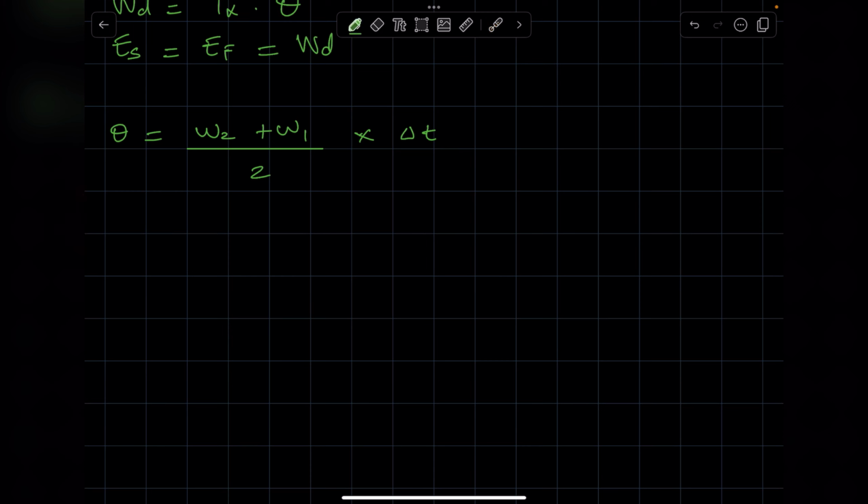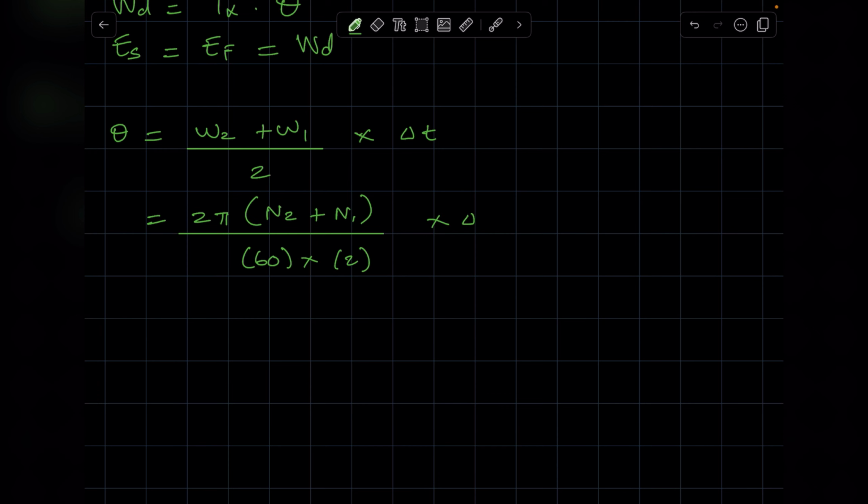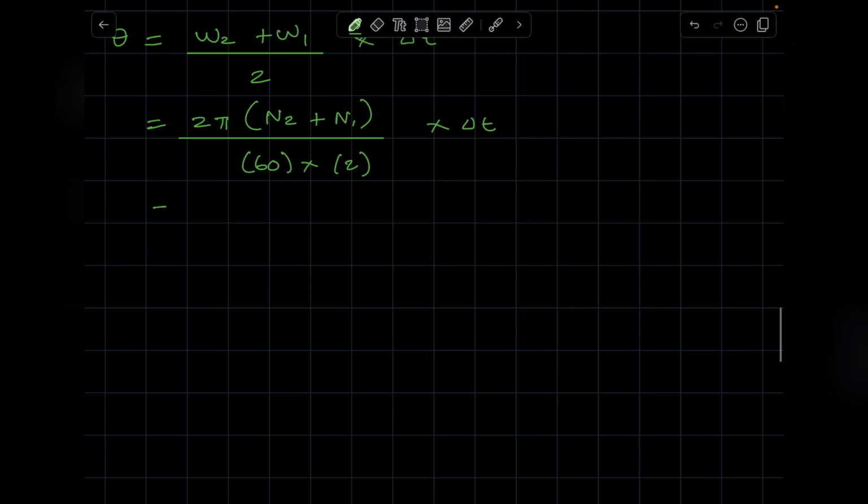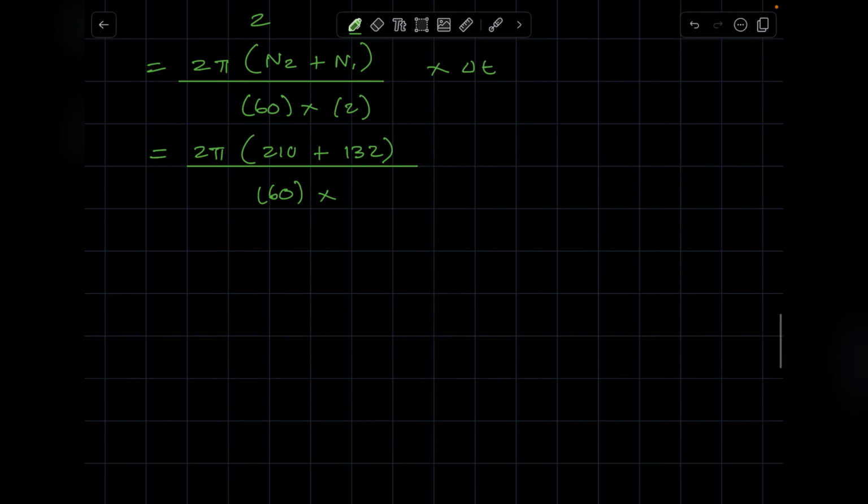So this will be equal to essentially 2 pi into n2 plus n1 divided by the 60 times 2 times the change in t. Substituting, this is 210 plus 132 divided by the 60, times the 2 times the change in t, which is that 3.8.